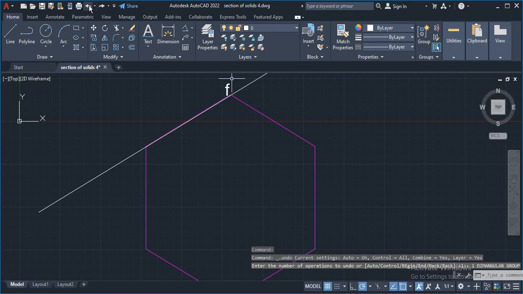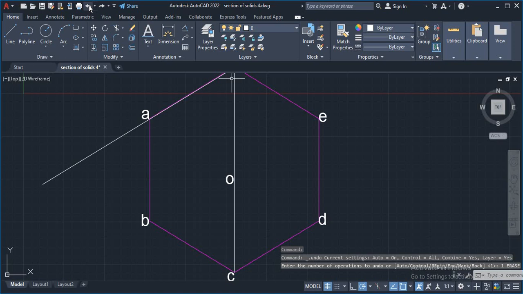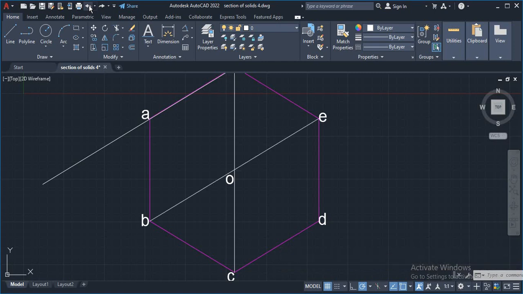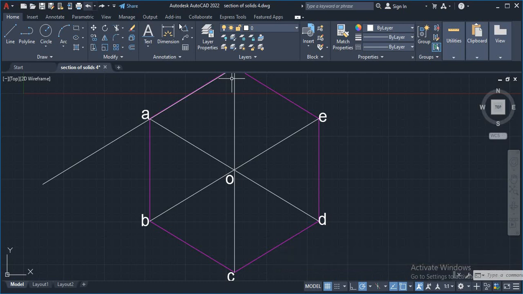Now mark the center point. Mark the corner points first, and then mark the center point. Draw diagonals between F and C, A and D, B and E. You will get the center point for the hexagon. You can directly draw the diagonals and you can get the center point.